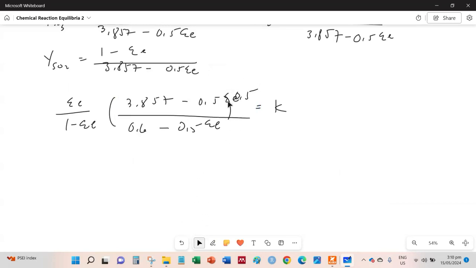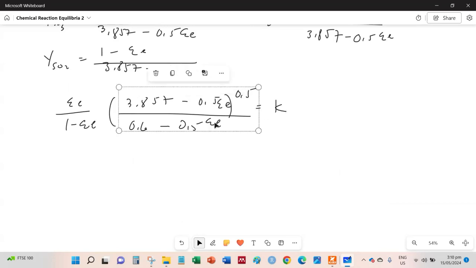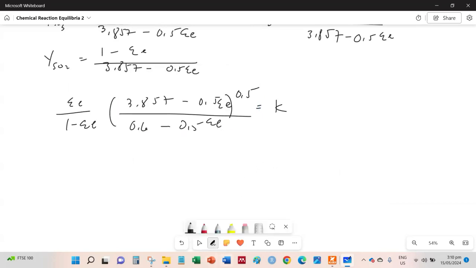Okay, there. So this is multiplied by 0.5 times epsilon E. Okay.